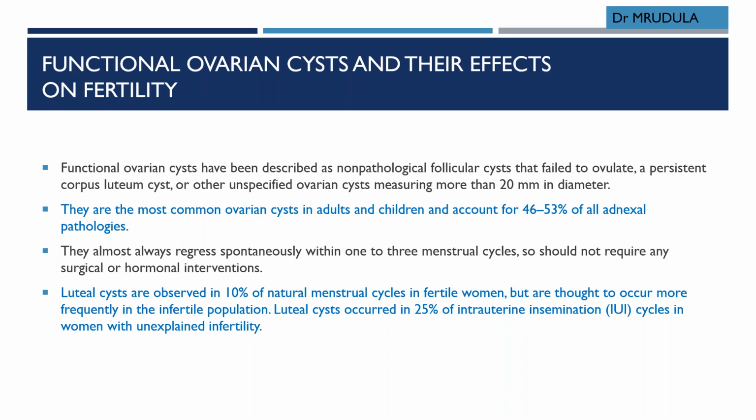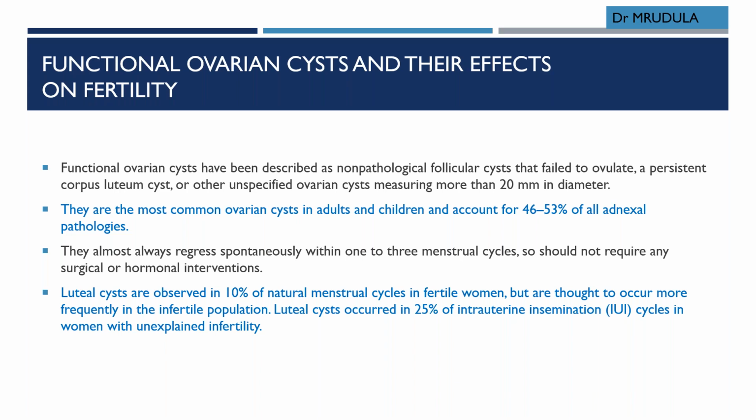These are the most common ovarian cysts in adults and children, and they account for 46 to 53% of all adnexal pathologies. They usually regress spontaneously within 1 to 3 menstrual cycles, and they should not require any surgical or hormonal interventions. So no OCPs, and no surgery for this functional ovarian cyst.